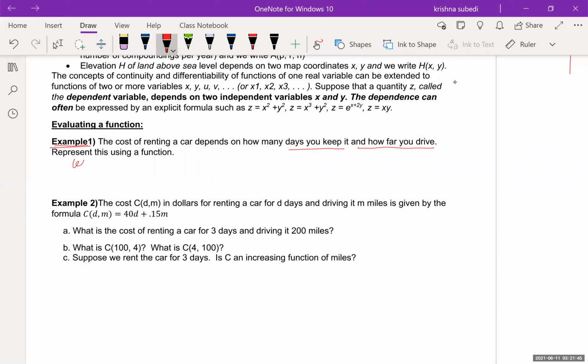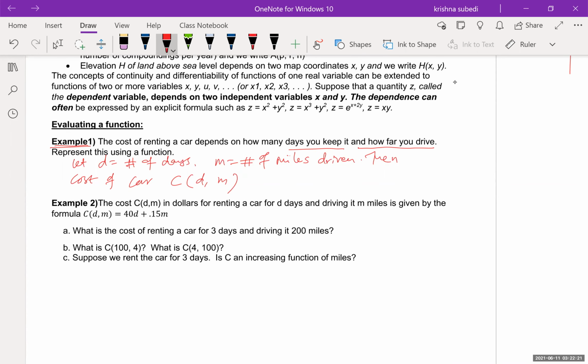Let us suppose that D represents the number of days and M represents the number of miles driven. Then the cost of the car is a function of the number of days and the number of miles.